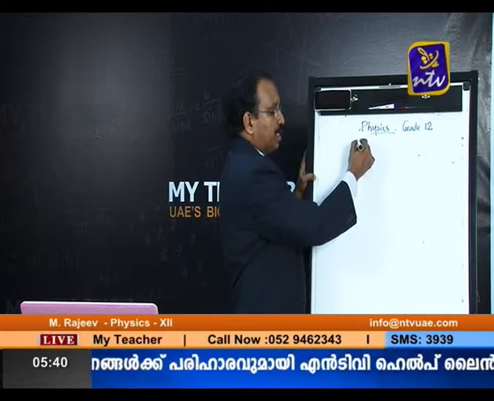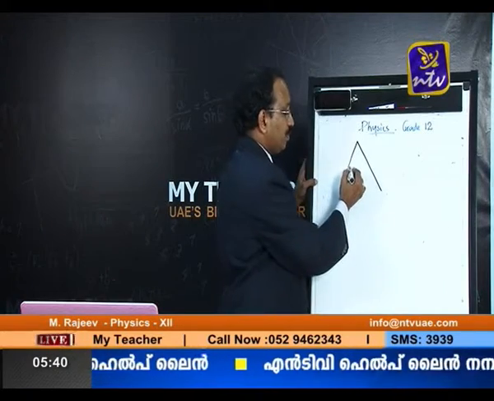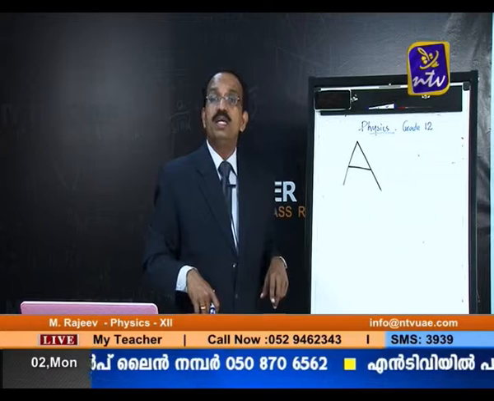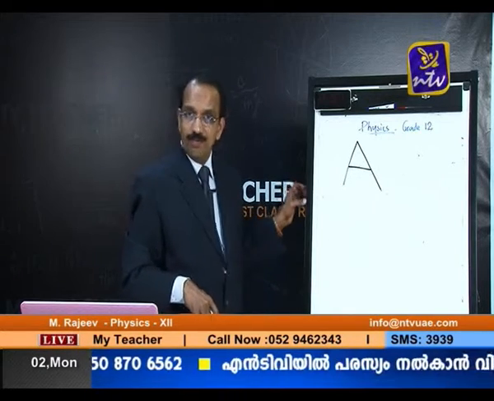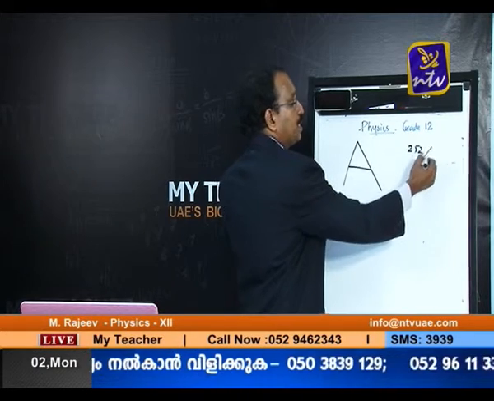This is the question. The letter A is made from a uniform wire, and its resistance is 2 ohms per centimeter.